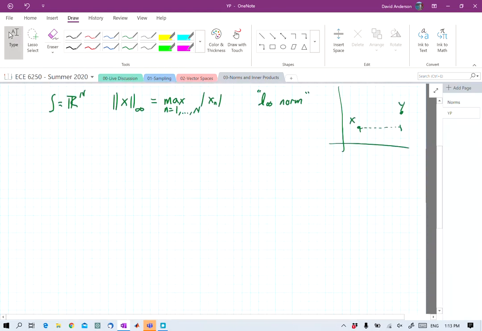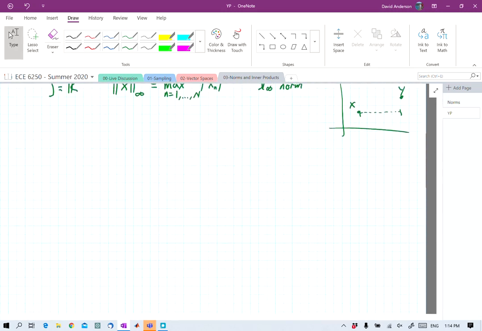So this next thing is a way of visualizing what goes on with norms, and give this some thought, because in my experience people can misunderstand this. I'm going to draw this diamond shape.